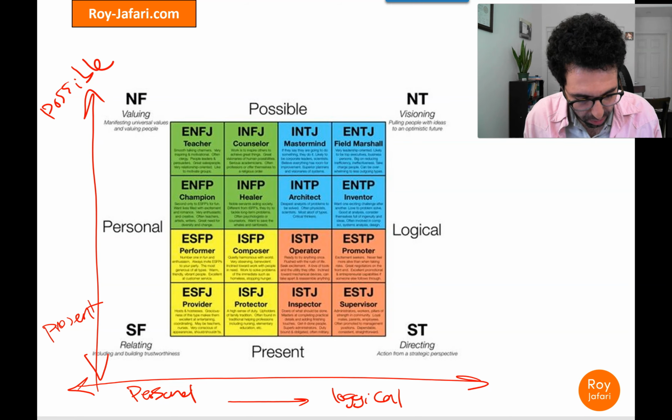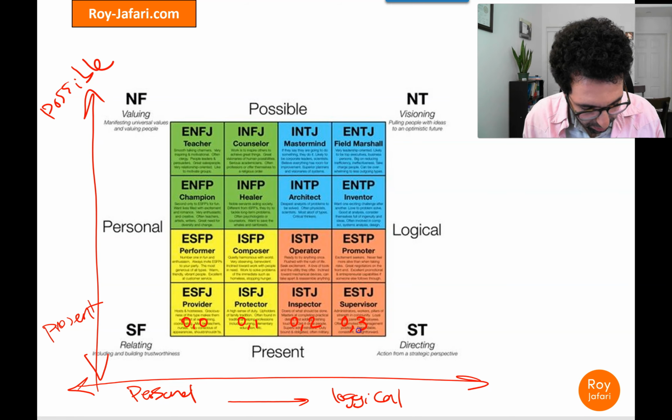So I could be saying, okay, let me give these numbers to these values. I would imagine this is 0,0, 0,1, 0,2, 0,3, right? This would be 1,0, 1,1, 1,2, 1,3.